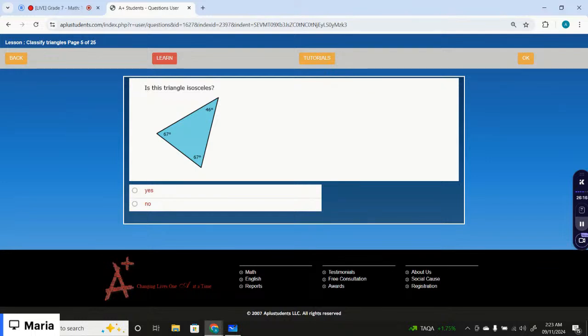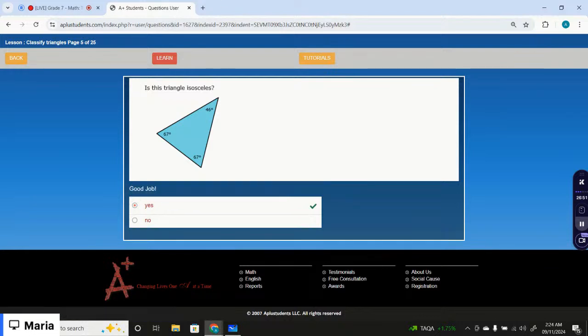Is this triangle isosceles? Yes, that is an isosceles triangle because two of the angles measure the same.